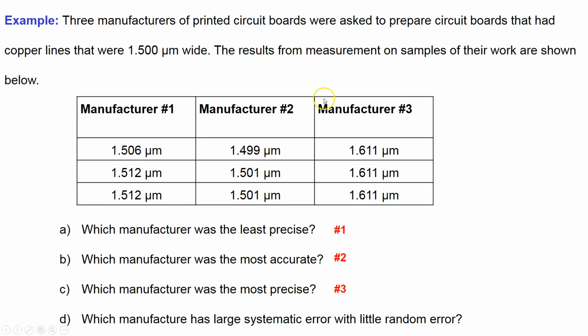That narrows it down to number 1 and number 3. And number 3 has the largest systematic error. Now, little random error means that we don't have values being too big and too small. Number 3 has very little random error. In fact, they all have exactly the same systematic error and no random error at all. So that's going to be number 3.